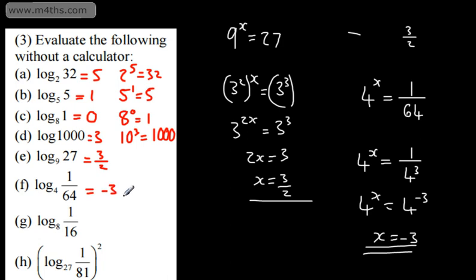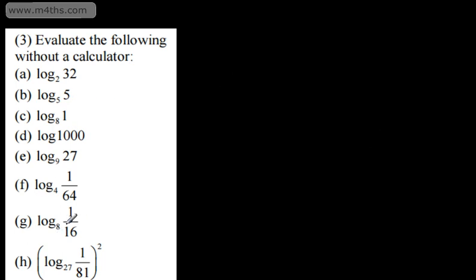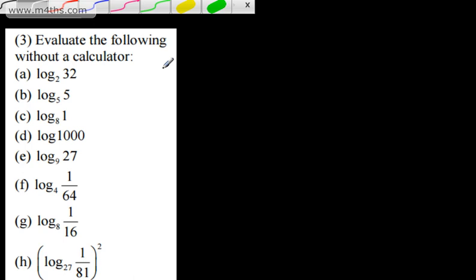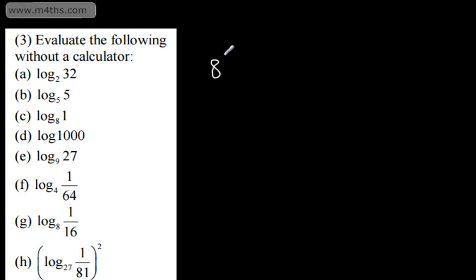Okay, next one. Next one's quite challenging. Again, don't make the mistake of multiplying 8 by 2. We've got log to the base 8 of 1/16. These are both powers of 2. So 8 to some power is going to be 1 over 16.